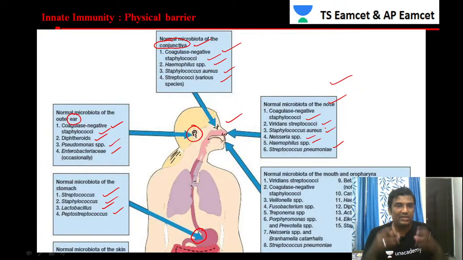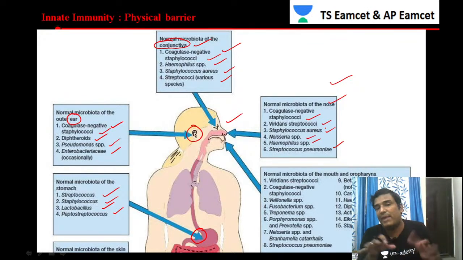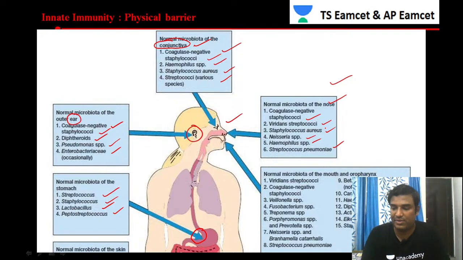So there are lakhs of bacteria present on our whole human body, but they don't cause diseases every time. Out of all those, very few bacteria only cause a disease in human beings. These are all normal flora, which sometimes benefit human beings also.